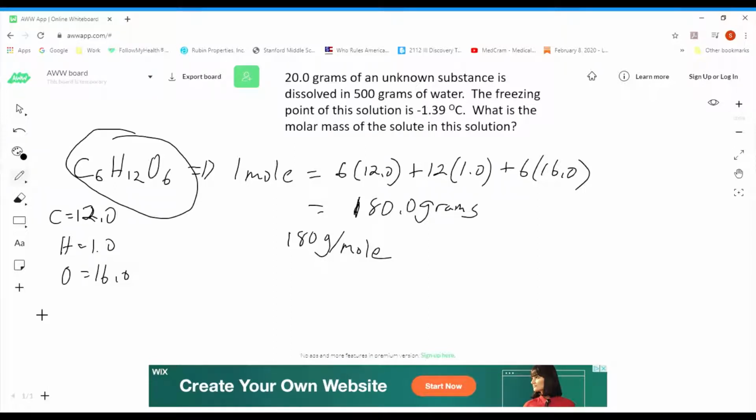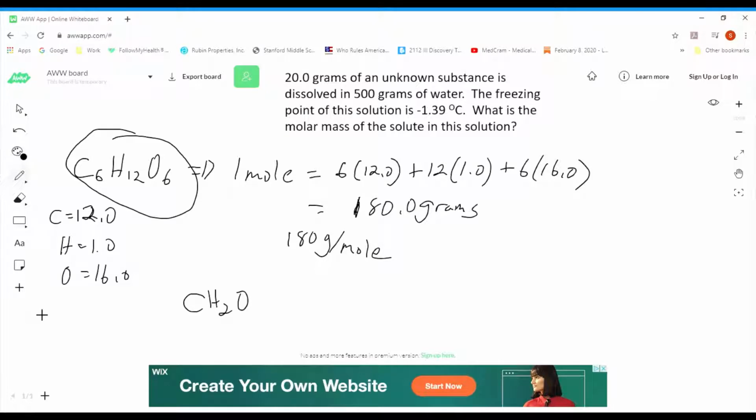I know the empirical formula was CH2O, because we calculated it by getting the percent of carbon, hydrogen, and oxygen and figuring out their proportions. But the empirical formula just gives you the lowest whole number ratios of carbon, hydrogen, and oxygen.